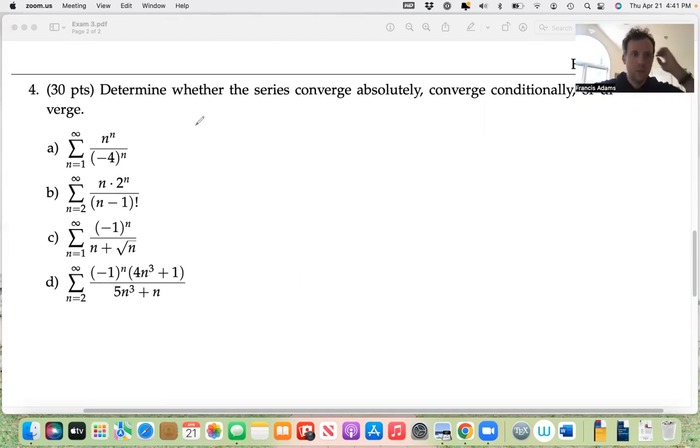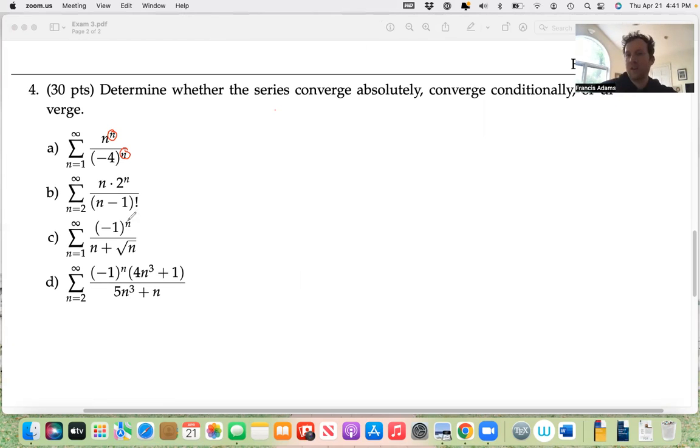Okay, so let me do a quick rundown of what are the tests to use and what about them makes that the right test to use. So in A, the big thing that sticks out is you have nth powers.